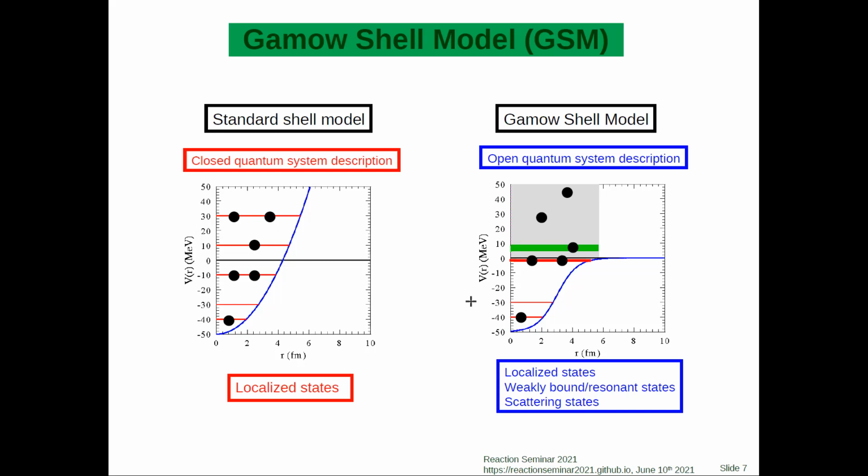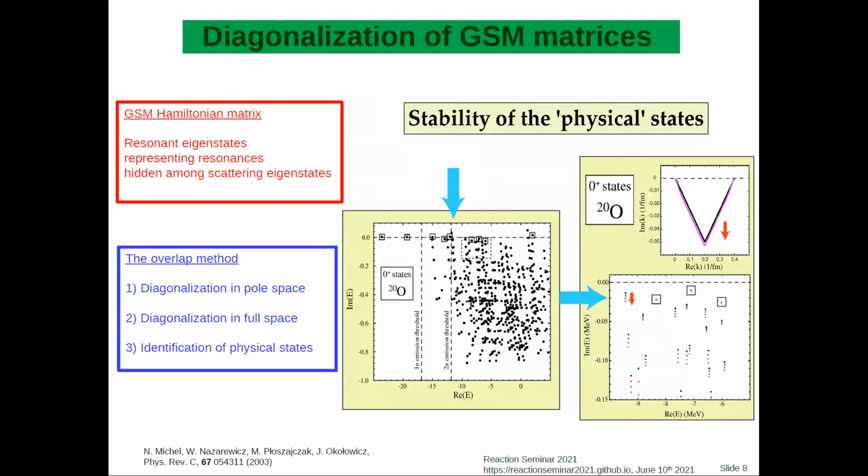It is basically the main difference between the Gamow shell model and the standard shell model, because as we have complex energy states, one obtains a complex symmetric matrix. And when it is diagonalized, we have the eigenstates which correspond to physical states, which can be bound or many-body resonant states. But there is a problem which does not exist in standard shell model.